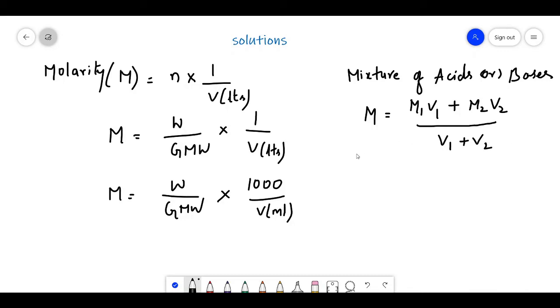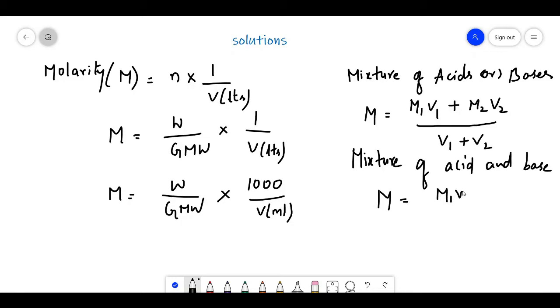And if a mixture of acid and base is given, so the solution is mixed, it is a mixture of acid and base, then the molarity M will be equal to M1V1 minus M2V2 by V1 plus V2.